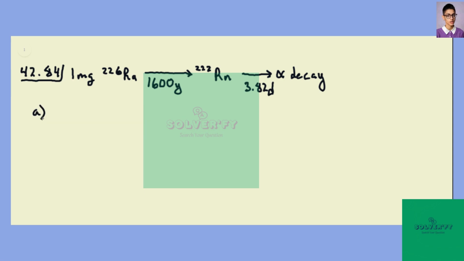So under this limiting condition, we want to know, first of all, what is the activity of the radium? This is lambda times N. We know that lambda is the natural log of 2 over the half-life, and then the number of nuclei.